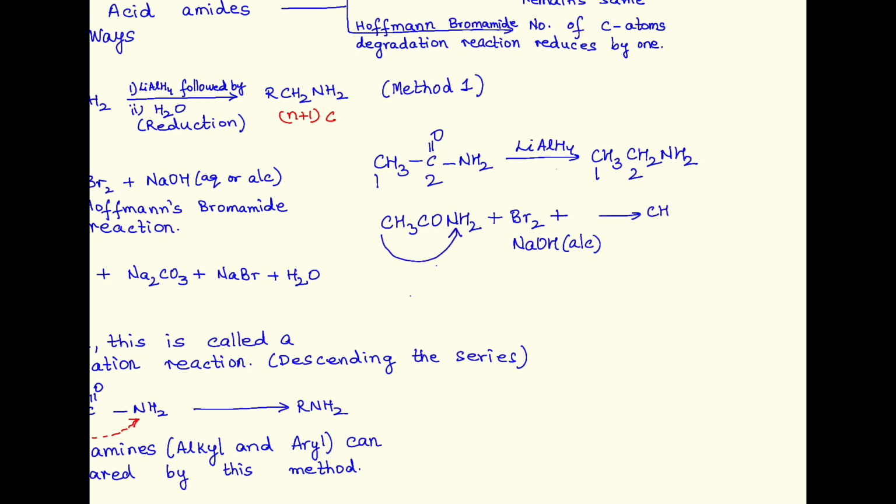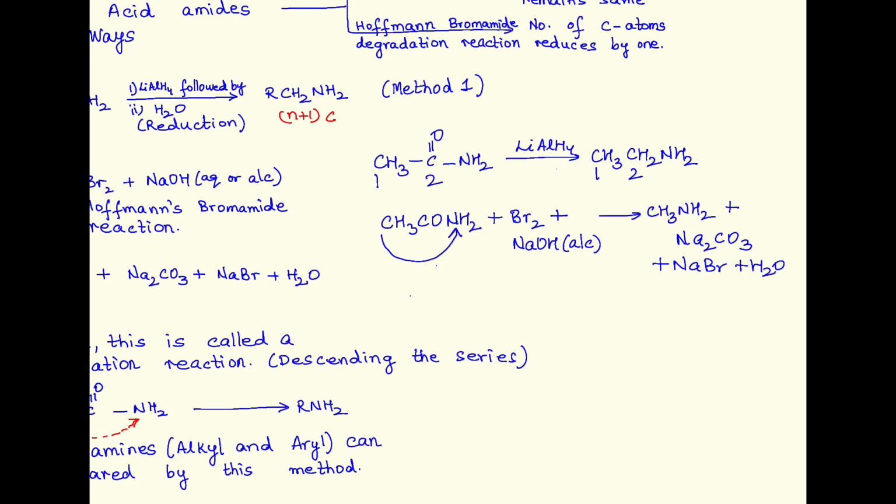So I have CH3NH2. The carbonyl group will form the corresponding carbonate with the alkali. The alkali also forms the bromide and water. We are not doing the mechanism of this.